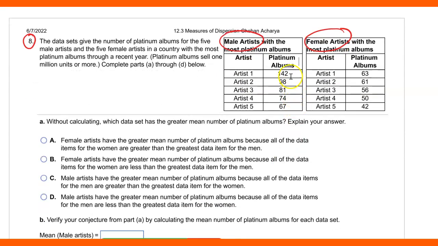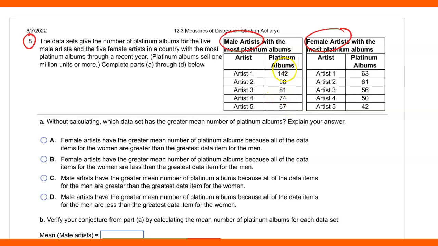Of course, male artists. Look at the male artist data: 142, 98, 81, 74, 67. Look at the female artists: 63, 61, 56, 50, 50, 43. Even the biggest number in the female artist data, which is 63, is smaller than the smallest value in the male artist data.